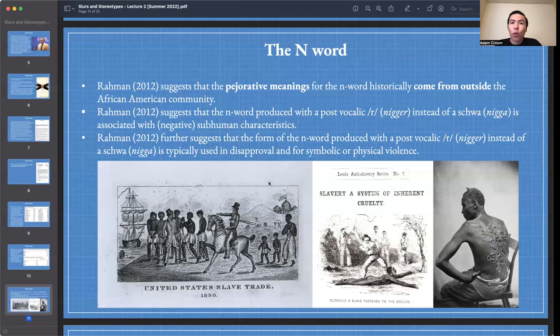Okay, and this is just further reinforcing the importance of studying non-derogatory usages and incorporating our understanding of non-derogatory usages into our understanding of slur usage more generally. Okay.